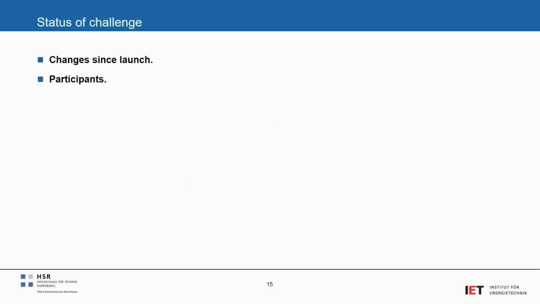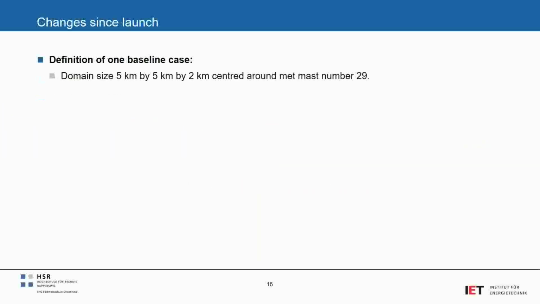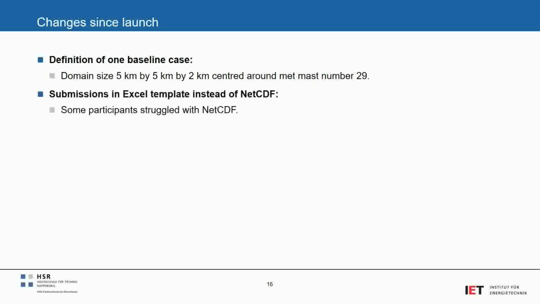And then the status: we made a few changes. We've decided to define one baseline case. I mentioned at the beginning that participants are encouraged to submit many different setups, but somebody made a good point that we should have one setup which is the same, so we can actually compare the results of one setup. So there's a baseline case defined.